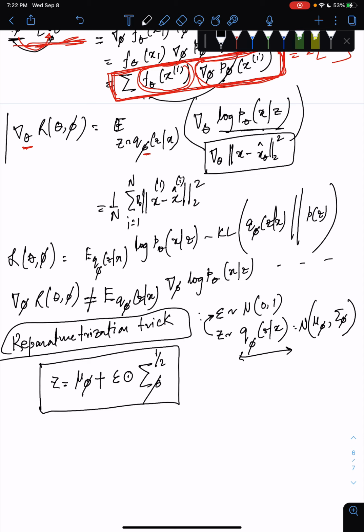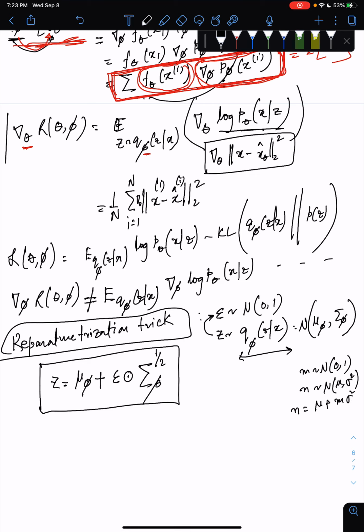If I have some m, which is a standard normal distribution, and some n, which has a mu and a sigma squared, in 1D, n can be written as mu plus m times sigma.